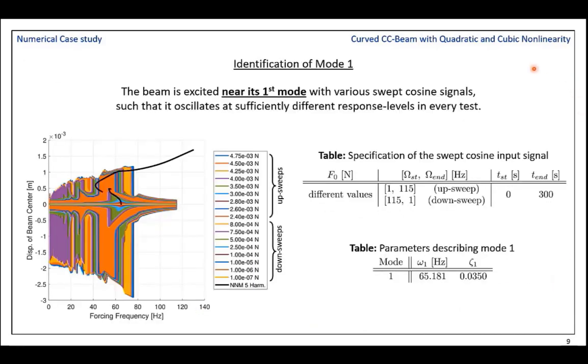Since we would like to identify the first nonlinear mode of this beam, whose linear natural frequency appears at approximately 65 Hz, the system is excited with a relatively slow sweep with frequencies ranging from 1 to 115 Hz.